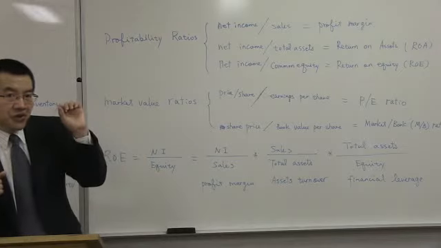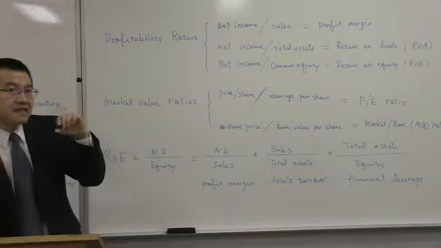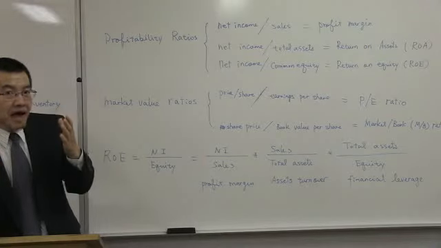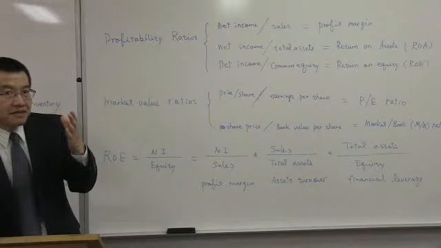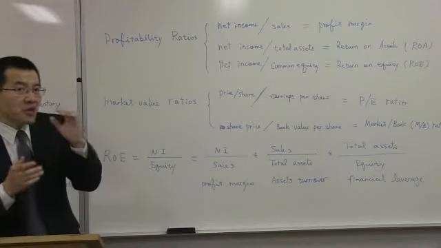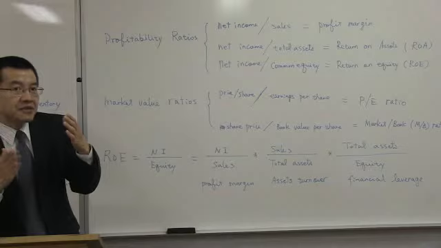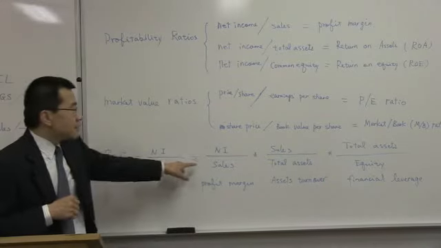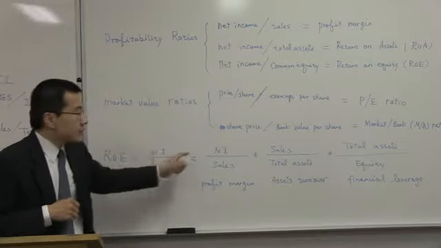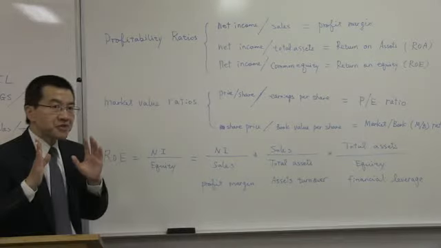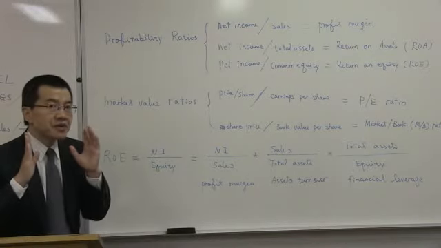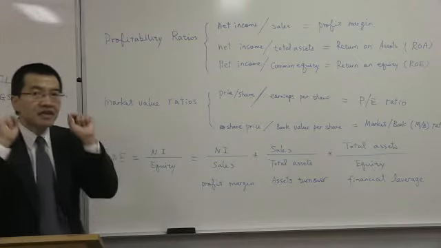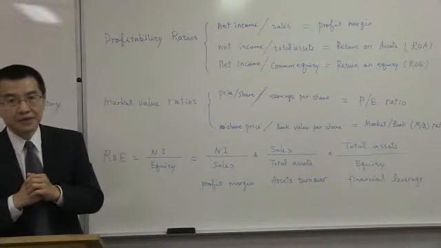Remember, shareholders pay attention to the return on equity. If they can see the company can improve the return on equity, they will be happier to buy the shares of the company. So managers always want to make their shareholders happy, so they want to increase the return on equity. This rewritten formula tells you that if the manager wants to increase the return on equity, there are three possible ways they can do it.